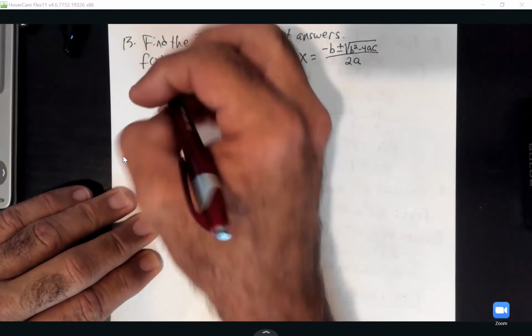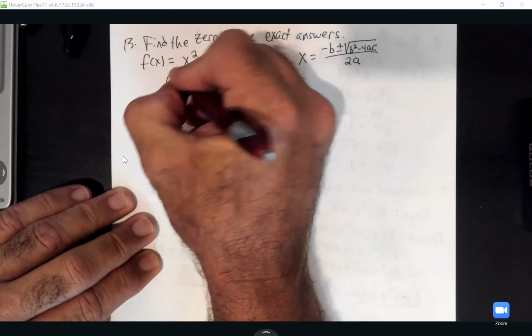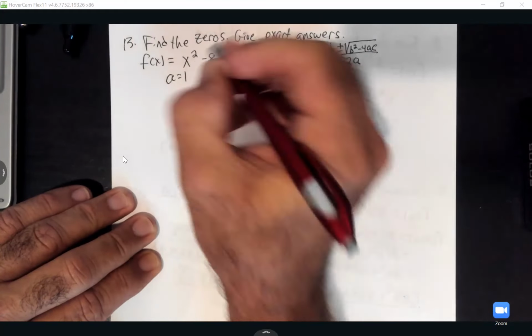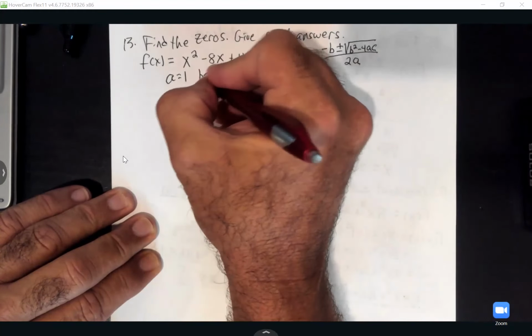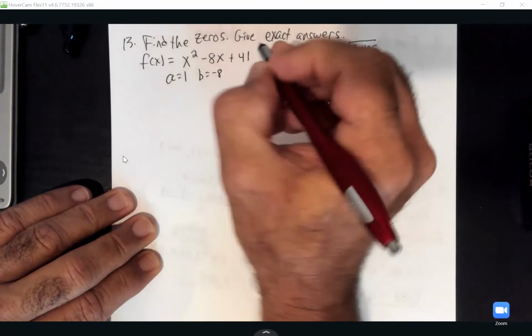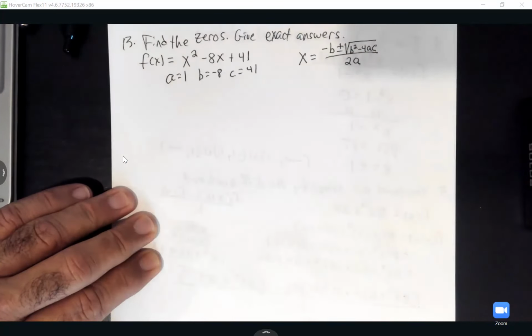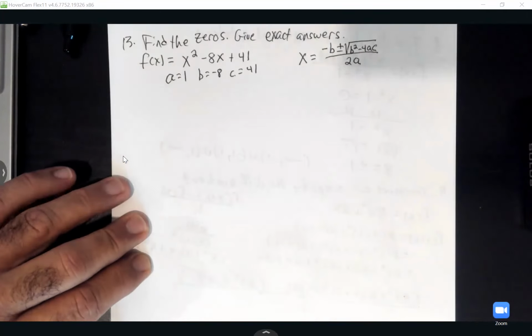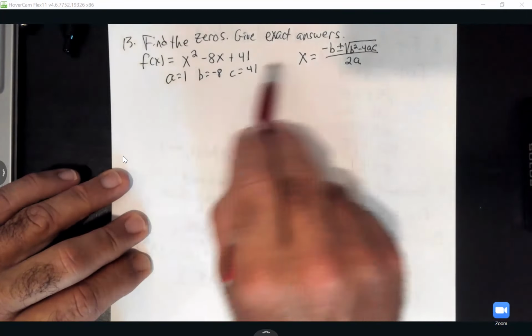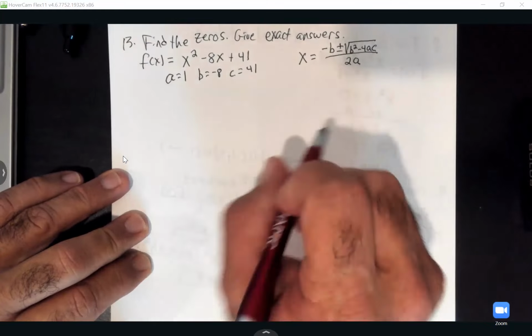So we need to pick our numbers out here. a is 1, b is -8, and c will be 41. So let's plug our numbers into our variables.